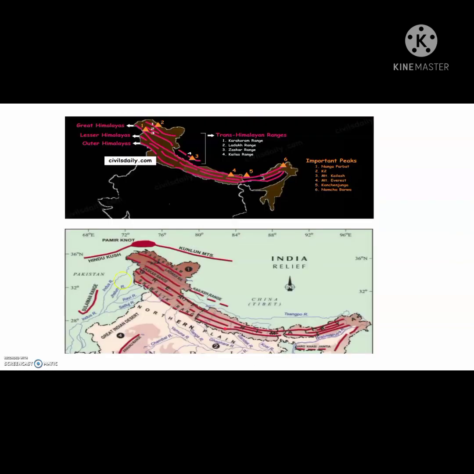How have Himalayas benefited us? Himalayas attract tourism. You know Shimla, Mussoorie, Kulu Manali, etc. Himalayan forests are alpine forests, very famous.